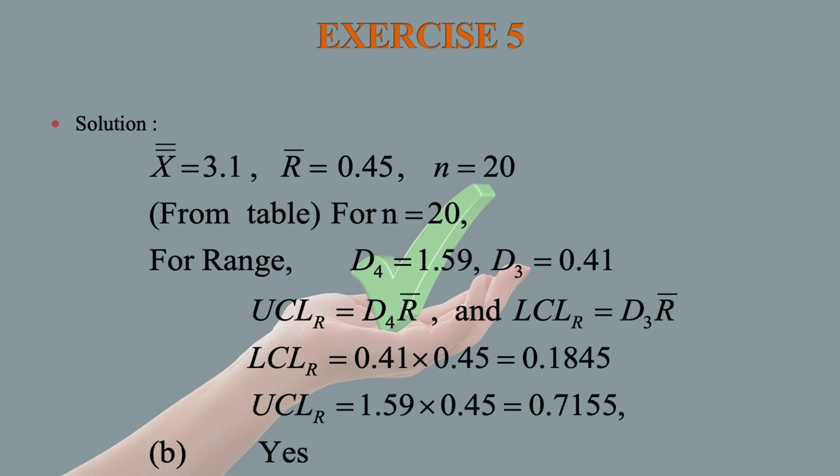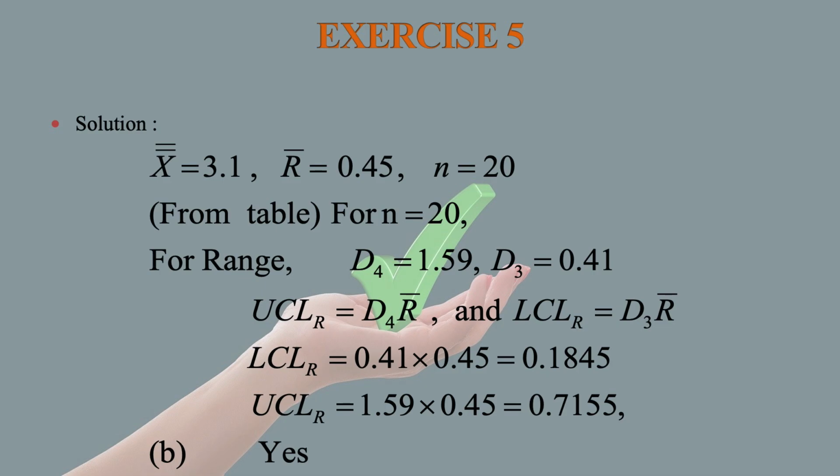From the table, for n equal to 20, D4 is equal to 1.59 and D3 is equal to 0.41. The upper control limit is D4 R bar and LCL is D3 R bar.